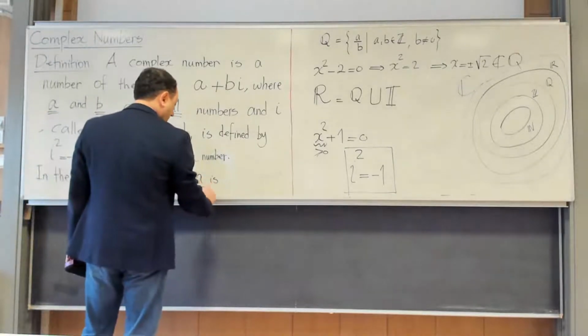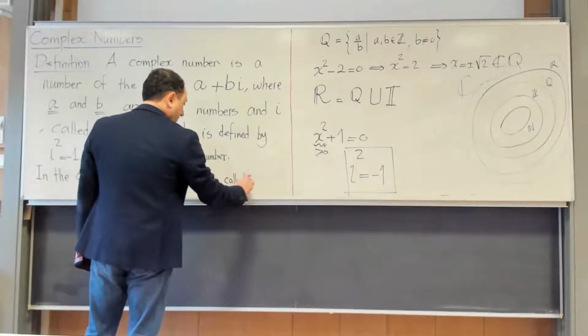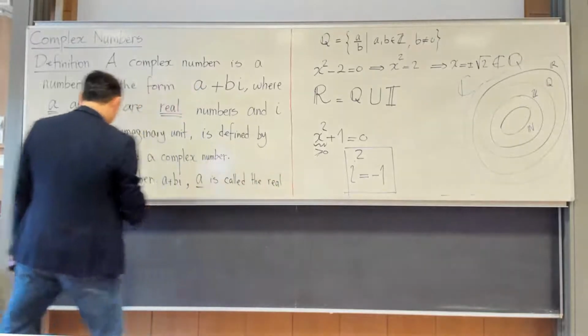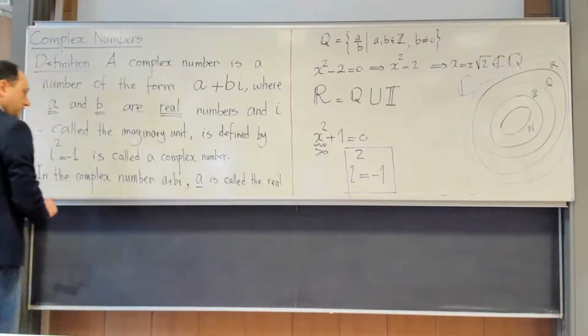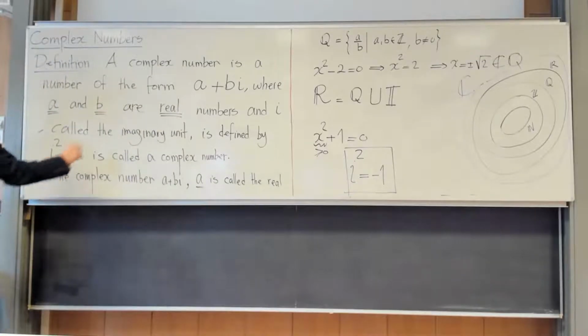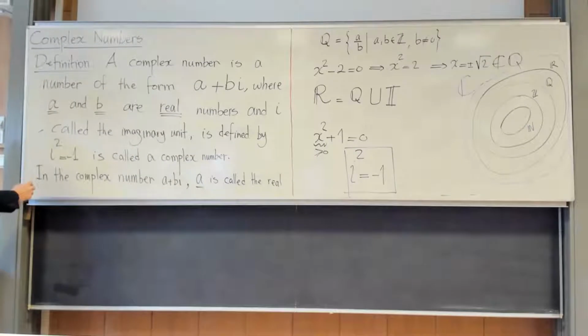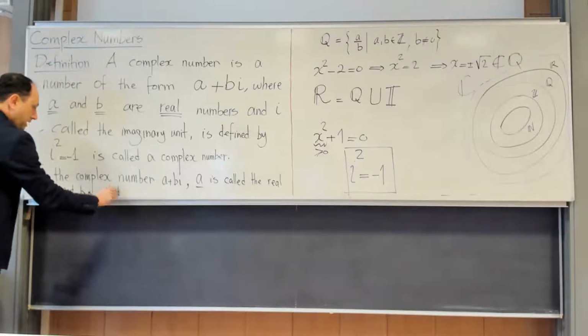This is a little bit confusing. These are terminologies, conventions. A is called the real part, even though both of them are real. I will explain them. A is called the real part, and B is called the imaginary part.